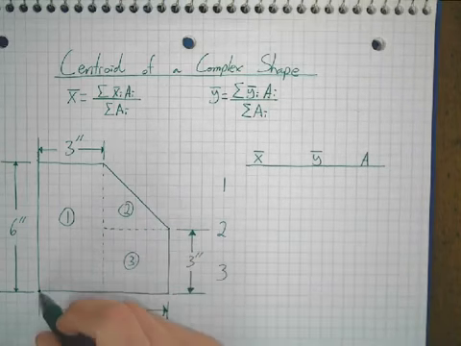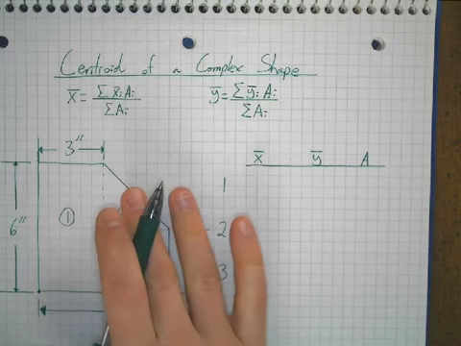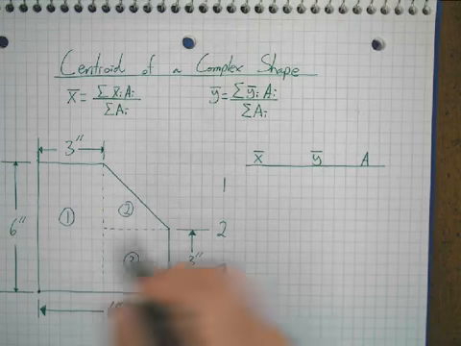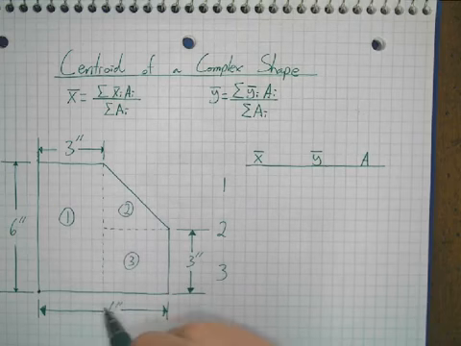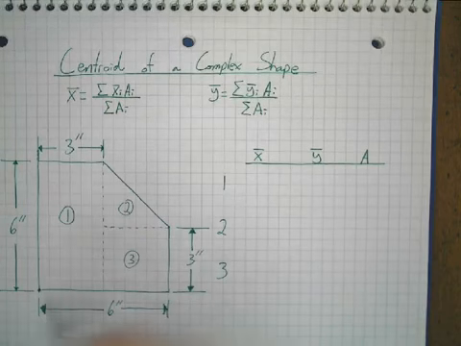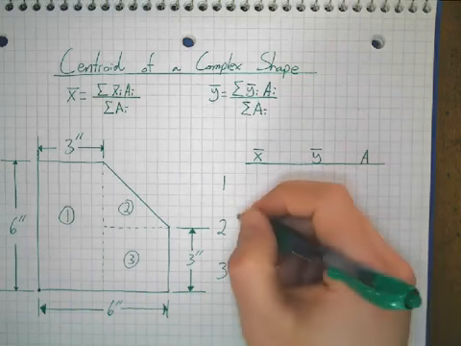So here's my 0, 0, and we use the relative position of each shape to this 0 point. That's important to keep in mind, and you'll see what I mean when I get to my next shapes. Shape 1 touches my 0 point, so I can just go right from there. And again, maybe that's confusing, but we'll see as we go on.